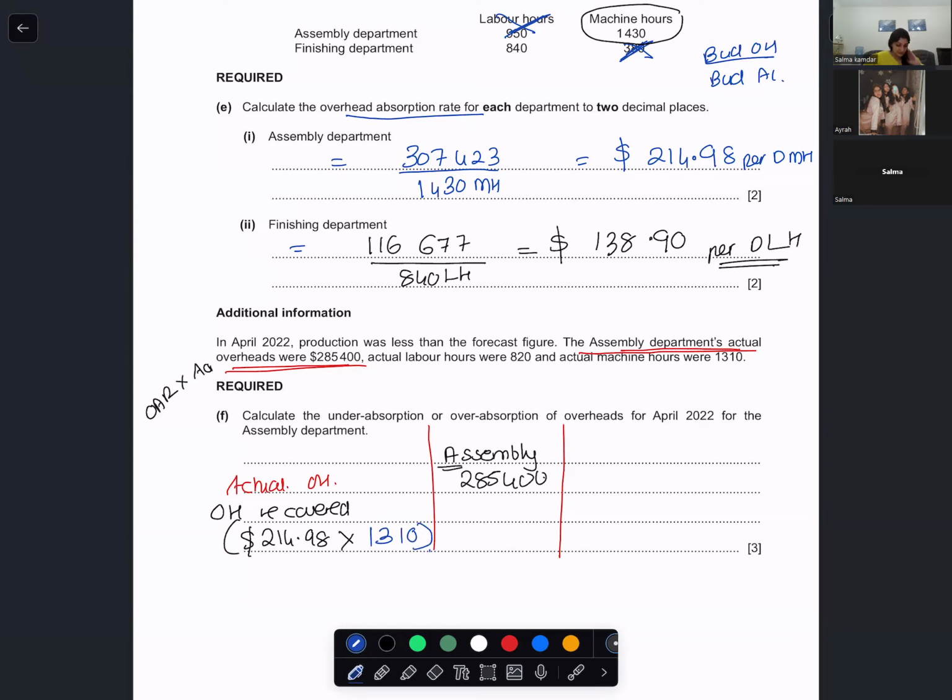So it will become 2,81,623.80. Do we round it off or leave it like that? You can write it like that only.